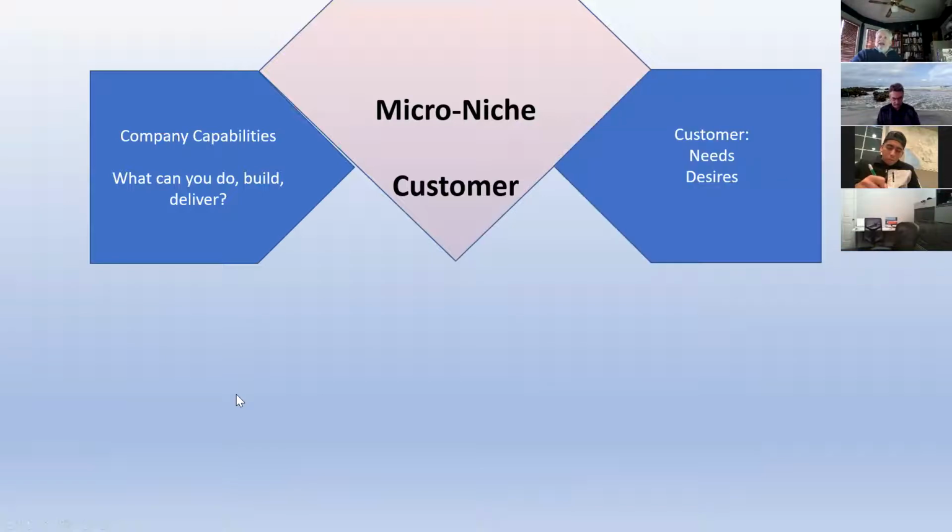And in between that, it's, well, what does the customer actually need or desire? These are the issues that you have to satisfy in this marketing step, where we're saying, do you have a product that will gain market acceptance? And so these are the things we want to look at in order to be able to determine that.